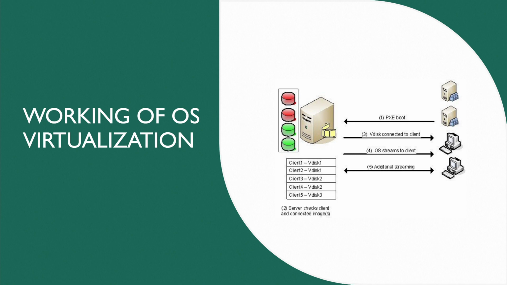So, connecting to the OS virtualization server. The first step is that you have to connect to the OS virtualization server. First we start the machine and we have to set up the connection with the server.